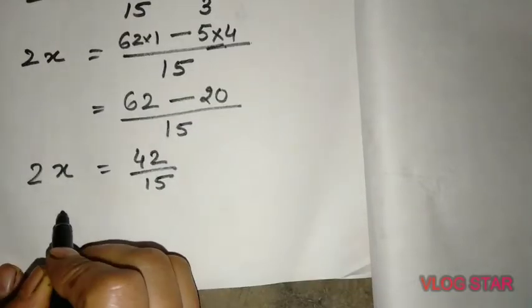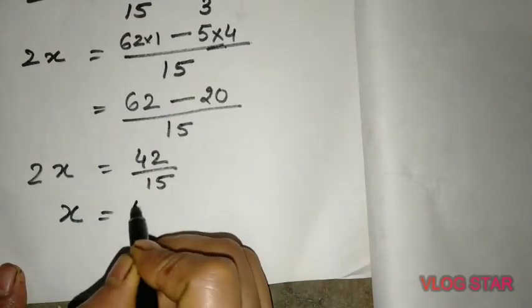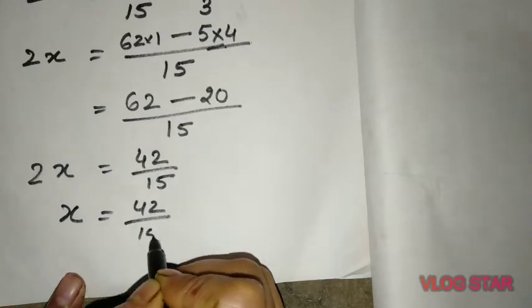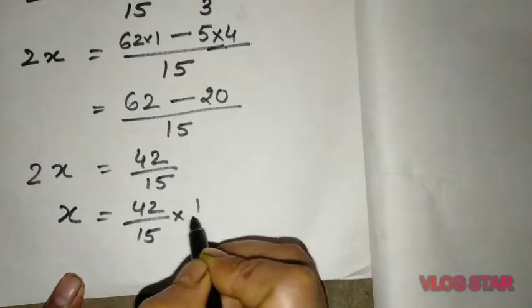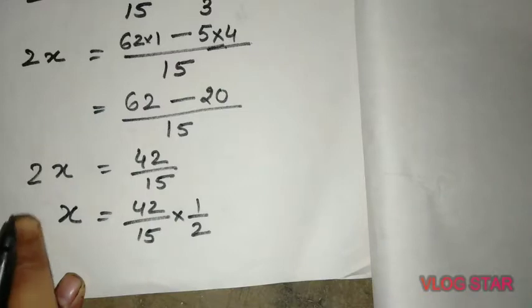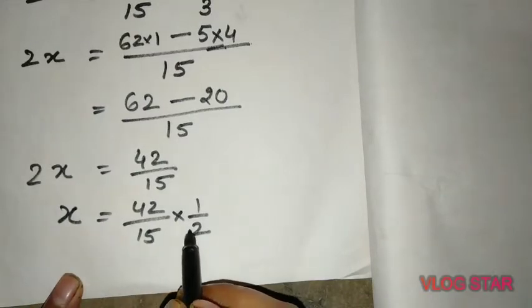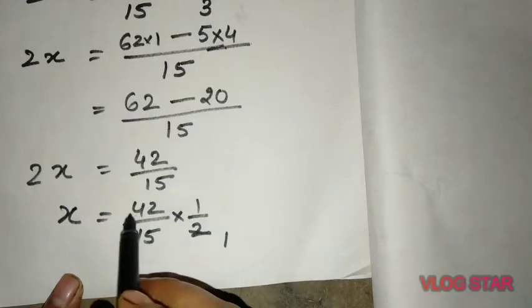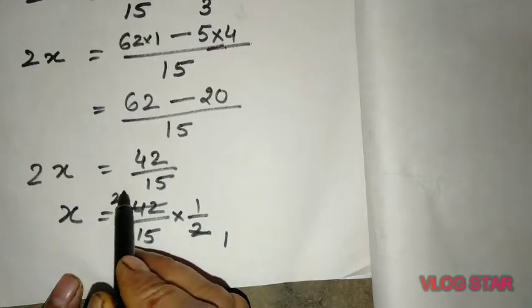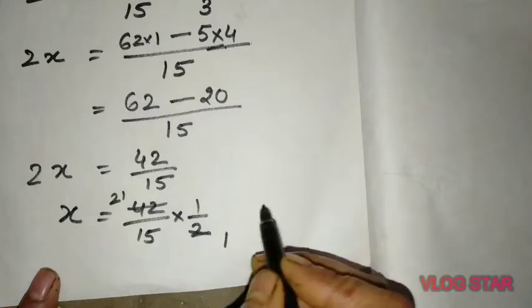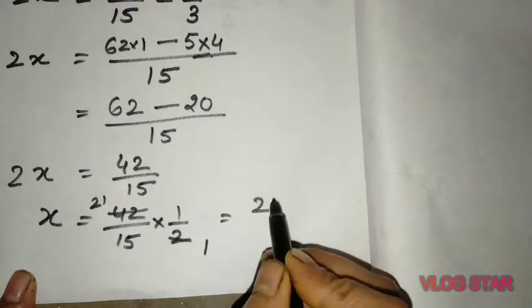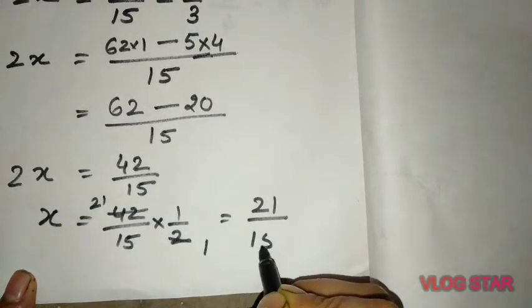Now we find out x. x is equal to 42 upon 15 into 1 upon 2. Now this 2 is transferred to the denominator. From this we can cancel 2: 2 ones are 2 and 2 twenty-ones are 42. So x is equal to 21 upon 15.